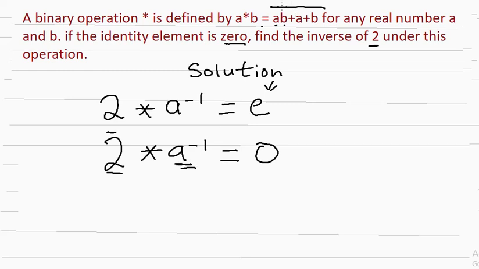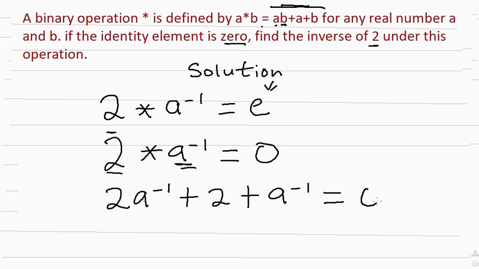Wherever I see a, I put 2, and for b, that's my inverse: 2A inverse plus 2, then plus A inverse is equal to 0.